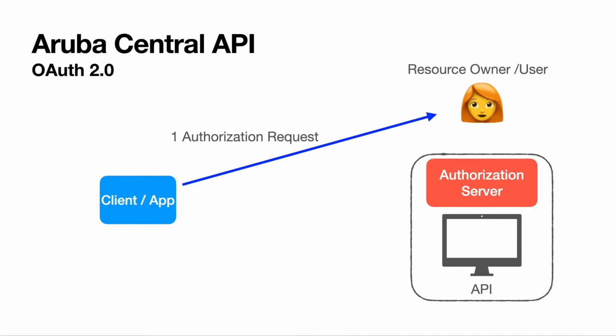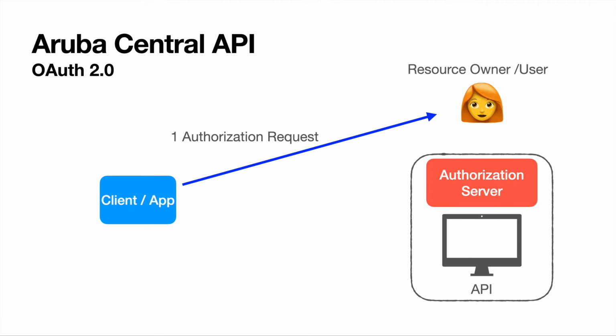If you think about how the OAuth 2 framework started, it started with the application asking the user for an authorization request. And when OAuth 2 is applied to web applications, that's what you see. But with the workflow that we are looking at here, I don't think that's a very useful approach.